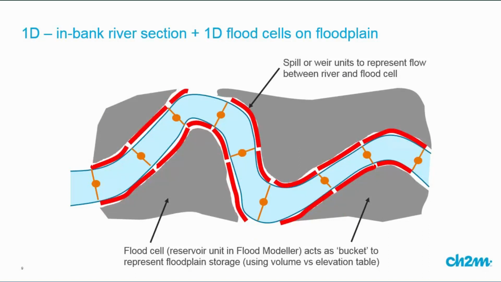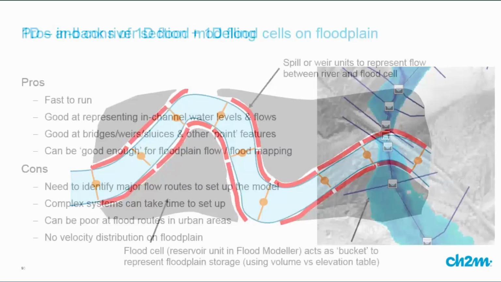And you represent these flood cells using a volume against elevation table. And then on here we've got these red lines representing the top of bank, the crest levels of the river or of the defence, and again in Flood Modeler they're called spill units, and we spill water out of the river into the flood cells, or vice versa, it can come back into the river across those red lines. So again, this is a 1D representation, a 1D in-bank river section, and then 1D flood cells with spill units linking those through.